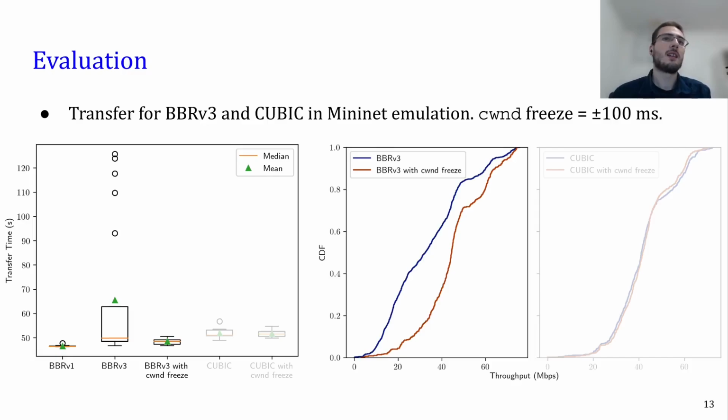In fact, it is almost competitive with BBR version 1, which is not loss sensitive at all. On the right, we can see, based on the CDF, that the throughput is consistently higher with our approach.